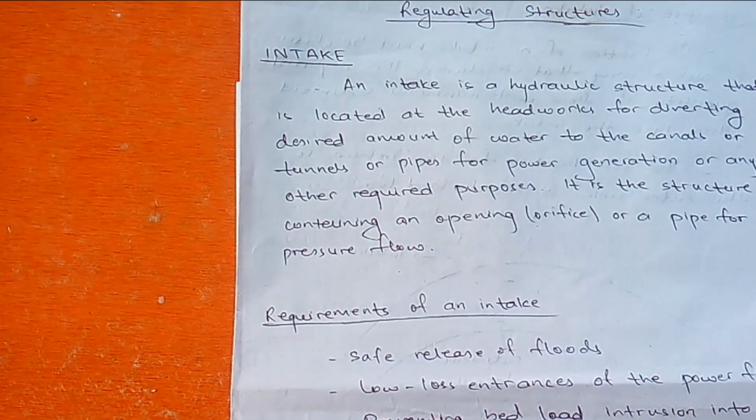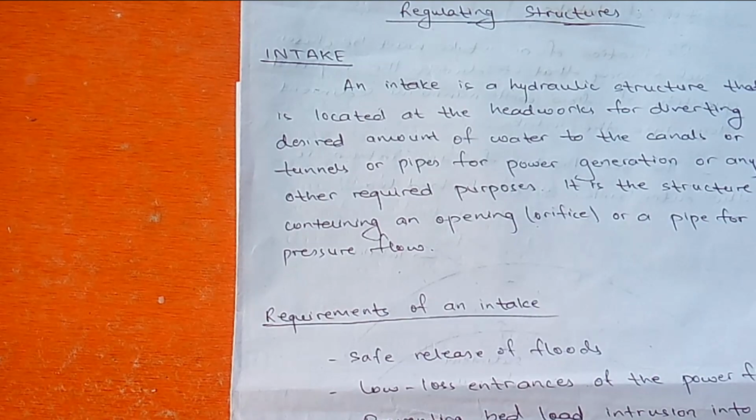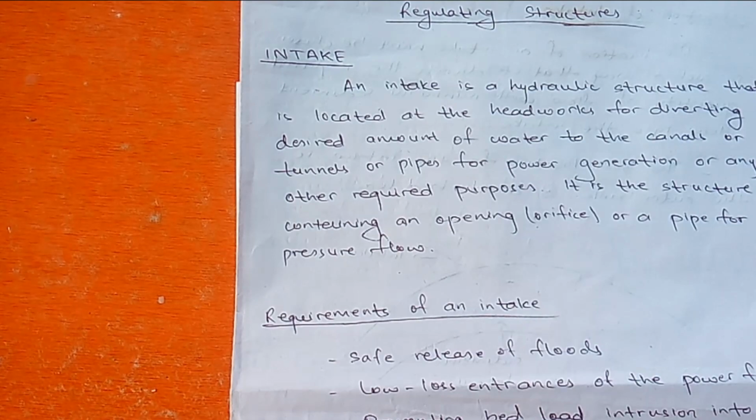The second point is low loss in entrance of the power flow. That means at the time of diversion, there should be minimum entrance losses. So an intake is provided with various kinds of entrances, for example surface, bell mouth and others, and chosen accordingly in order to prevent the losses of entrance.